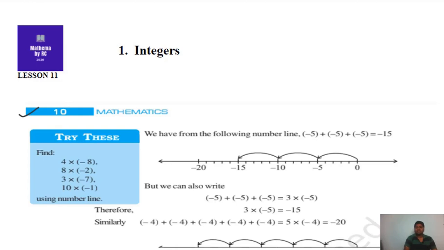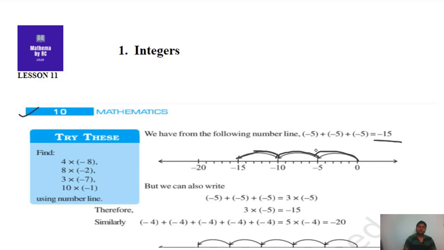Minus 5 plus minus 5 plus minus 5 is minus 15. How is it possible? Because when we draw it on a number line, we get minus 5 first, from 0 to minus 5, then again minus 5 from this portion, this is minus 10, and from this portion we get minus 15.